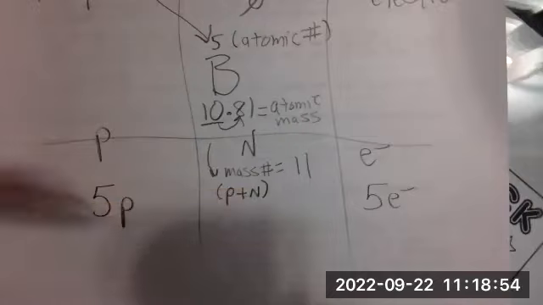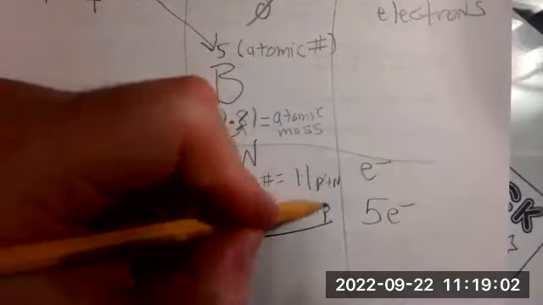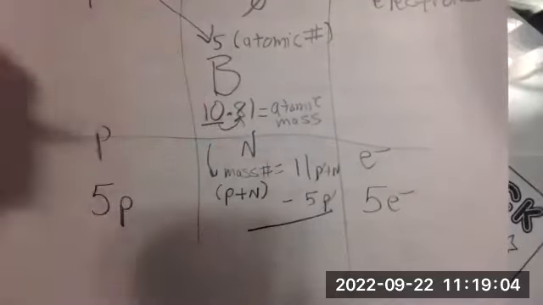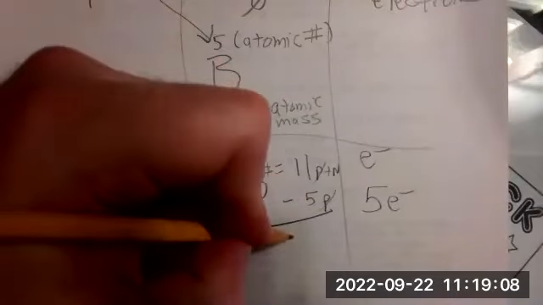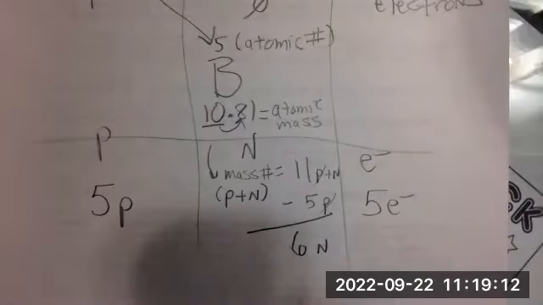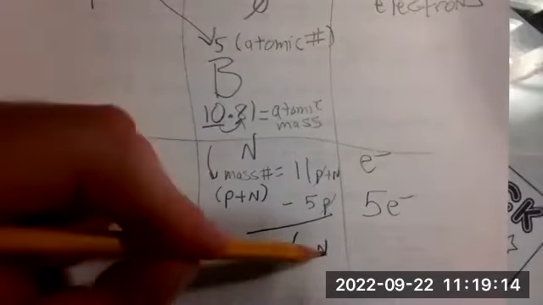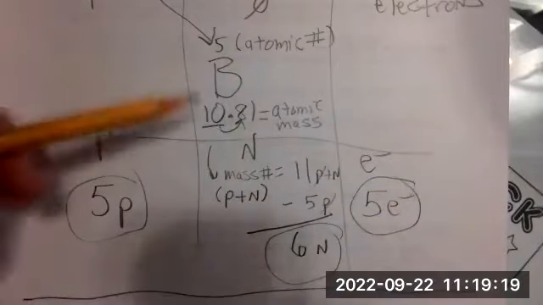So 11 minus 5 is 6. 6 neutrons is what we have. So there you go. We have 5 protons, 6 neutrons, 5 electrons, in a neutral atom of boron.